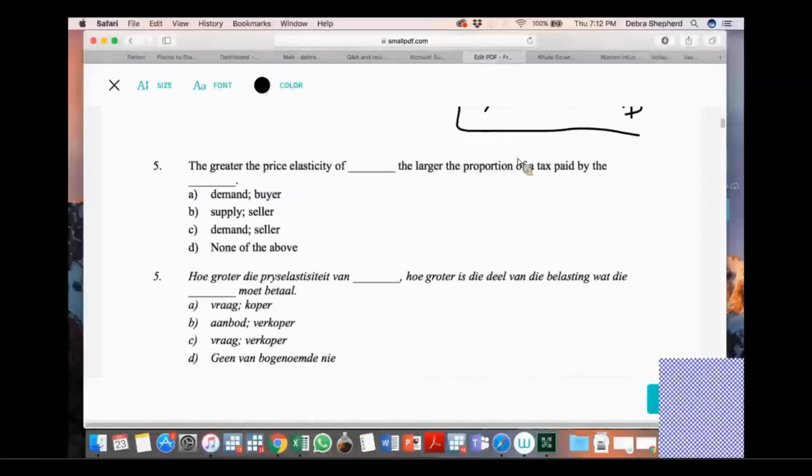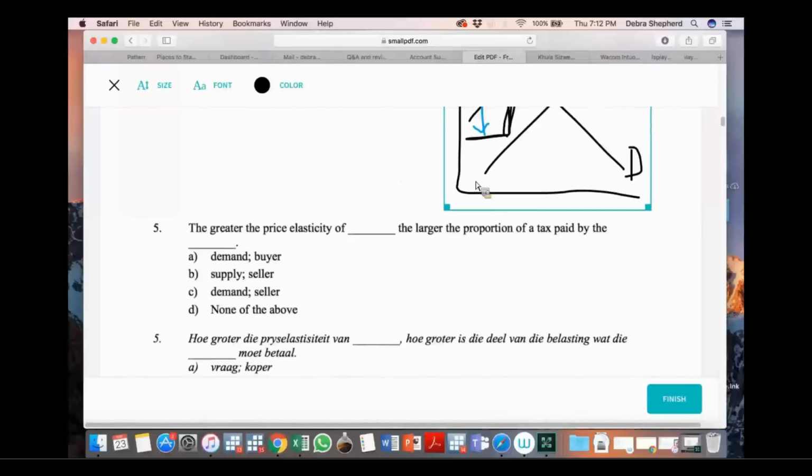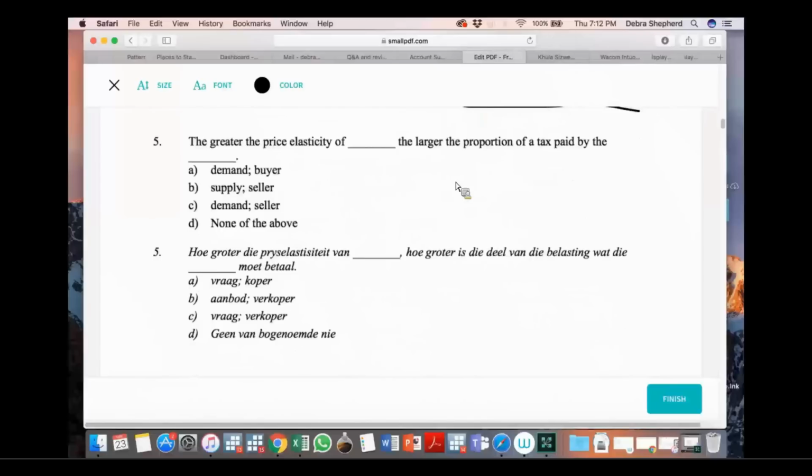So this falls then really nicely to question 5. So in question 5, they ask, the greater the price elasticity of what, the larger the proportion of a tax paid by who? So we can put each of these answers into this question, and using what we just saw above, we can answer this. So the greater the price elasticity of demand, the larger the proportion of a tax paid by buyers.